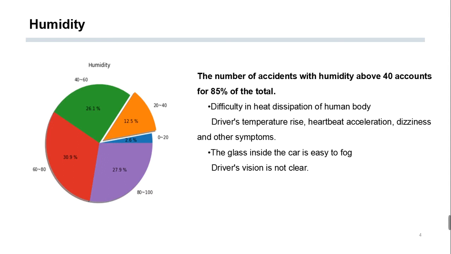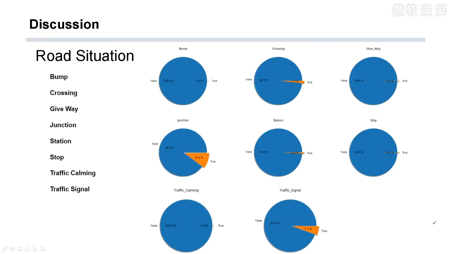Hi, this is Henry, and I'm going to talk about the road situation. Here we choose 8 factors as our research, and the chart of results is here. According to the most commonly used 95% level of confidence in statistics, factors with more than 5% are not small probability events.